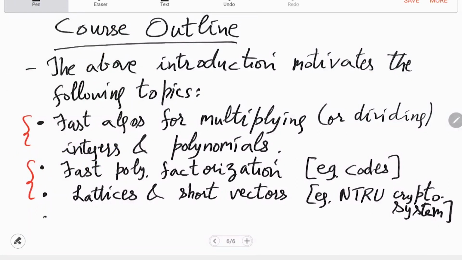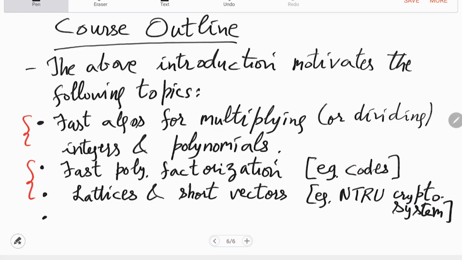So if you are given an integer, first you have to find out whether there exists a factor at all, right. So which is the question of testing whether the number is prime. So that is primality testing.